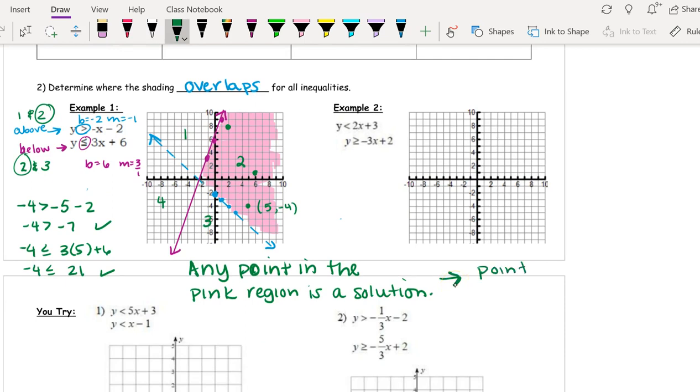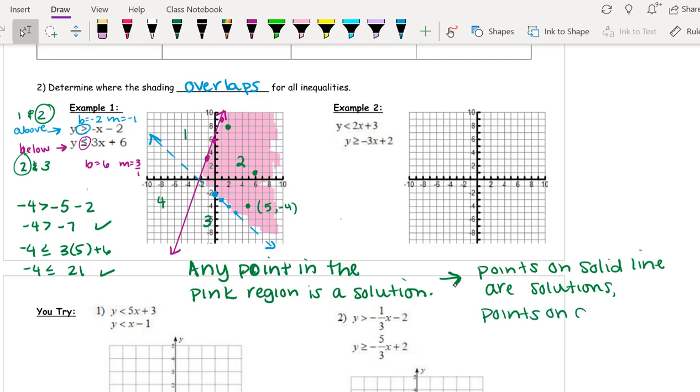Points on solid line are solutions. Points on dashed are not solutions. Okay, so that's going to come up later and on your assessment.